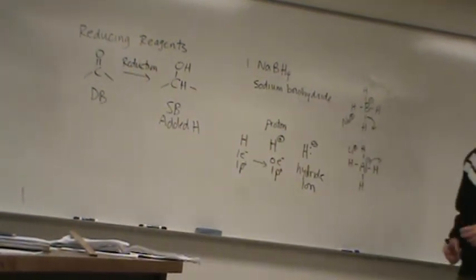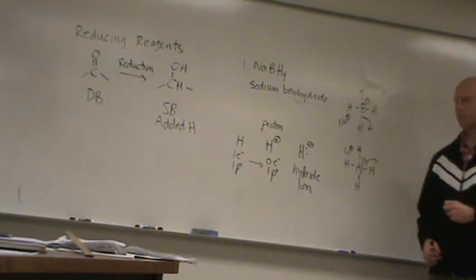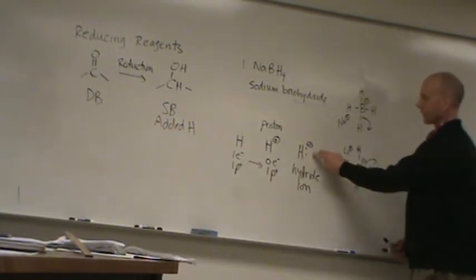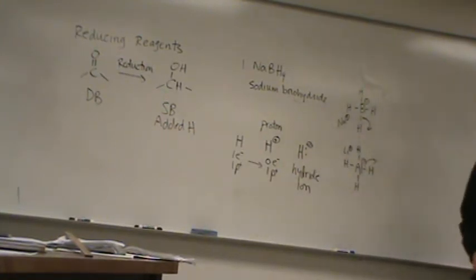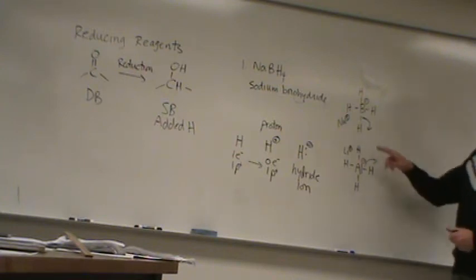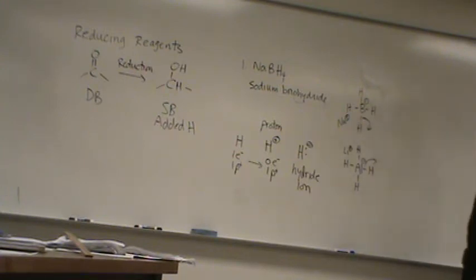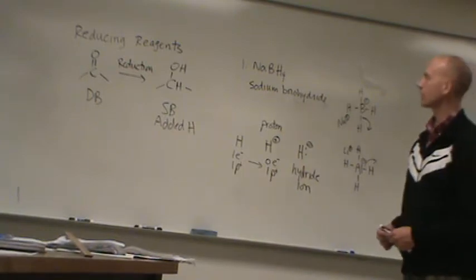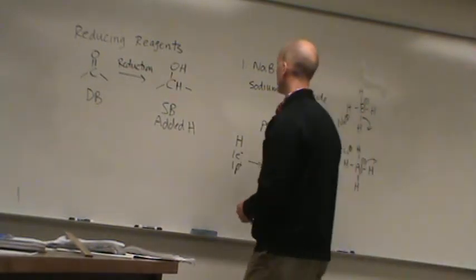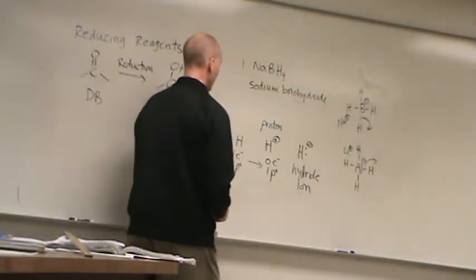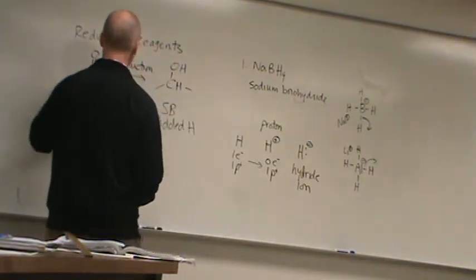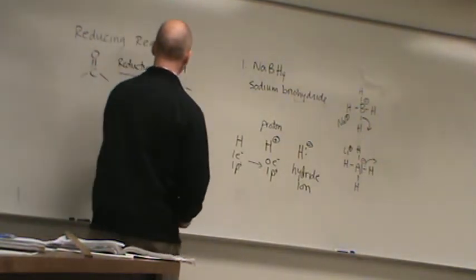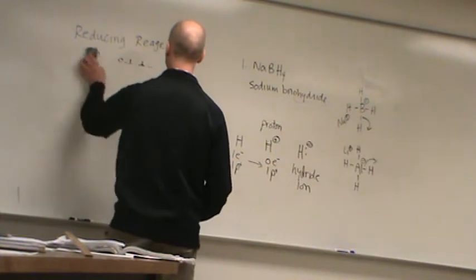Hydride. So what do you think these things are giving off? Hydride ions, H minus. It's kicking off the hydride ion. So that's what we want to look at in our reduction reaction.